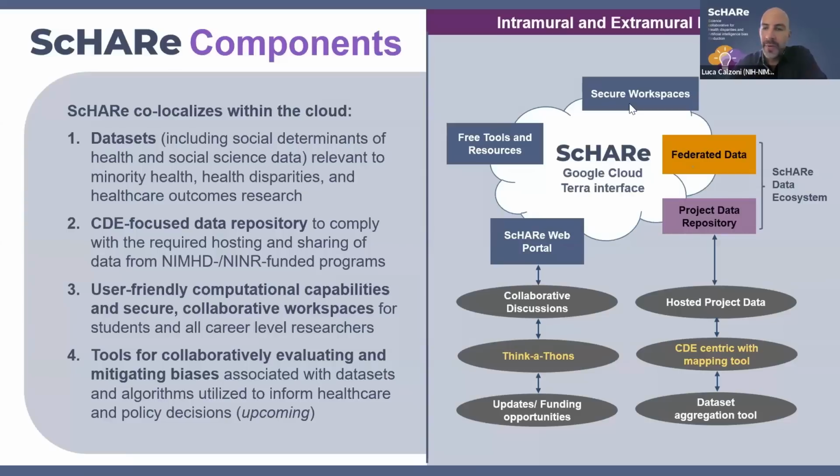A third component are these user-friendly computational capabilities and secure collaborative workspaces that we offer for all career-level researchers and students. I'm going to tell you about that in a moment. And finally, the fourth part, which is upcoming, is that we're going to offer tools for collaboratively evaluating and mitigating biases associated with data sets and algorithms utilized to inform healthcare and policy decisions. You can see on the right a representation of all these components and how they are integrated into ScHARe.